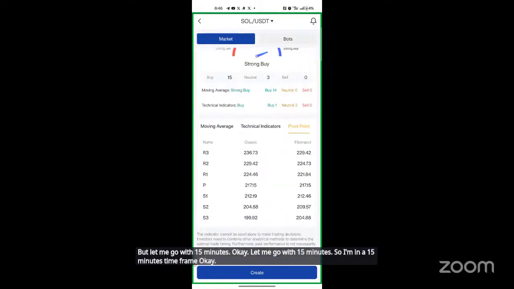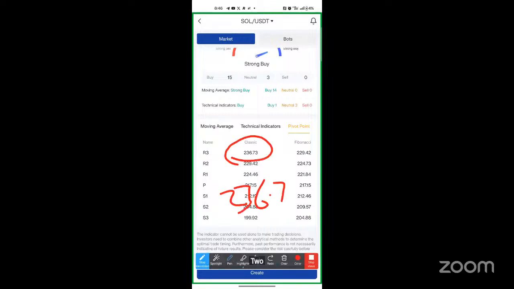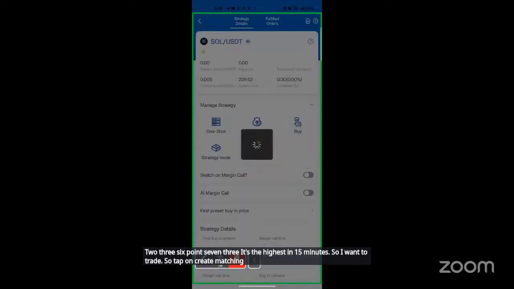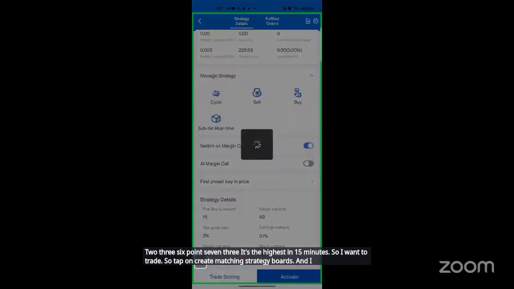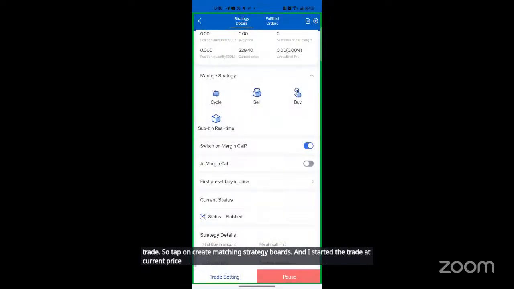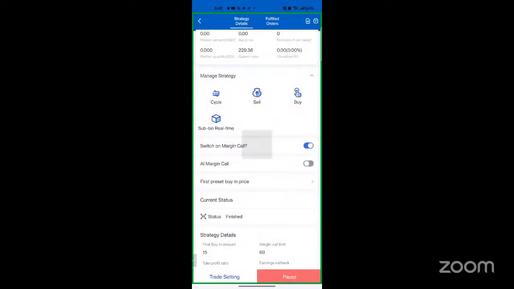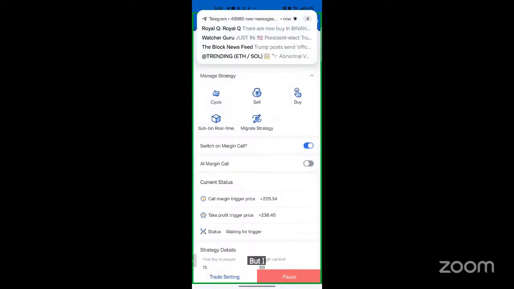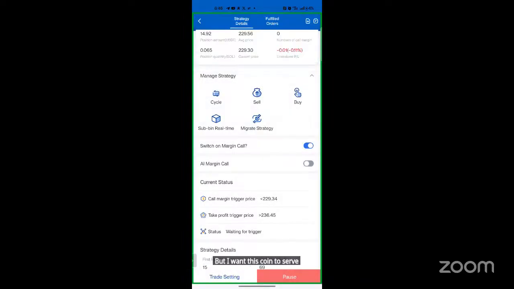And this is the highest price, 236.73. It's the highest in 15 minutes. So I want to trade. I tap on create, matching a strategy board, and I start the trade at current price. It has bought. But I want this coin to sell at 236.73, which was my resistance.